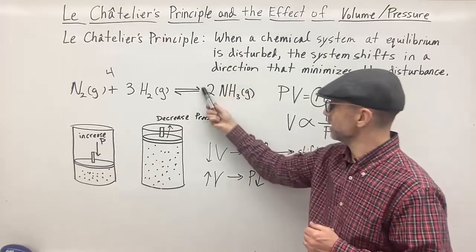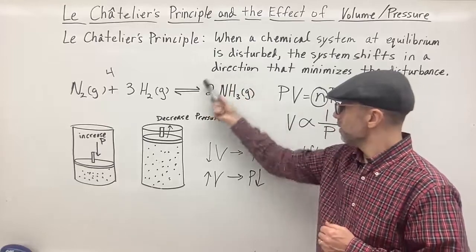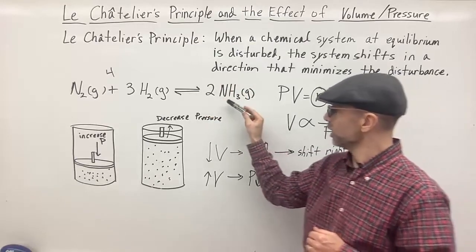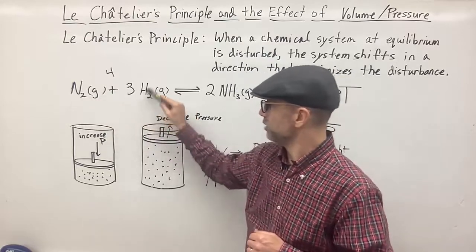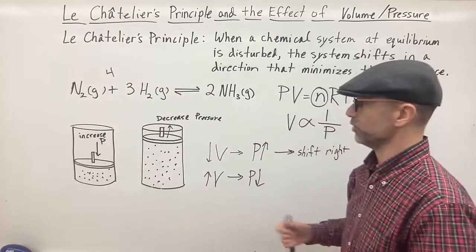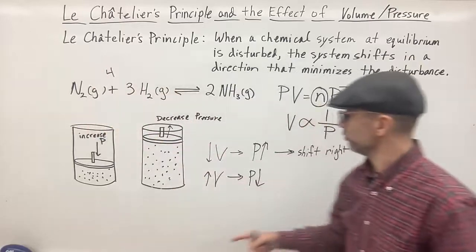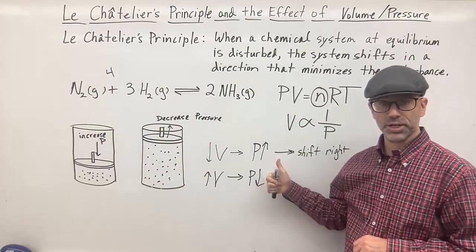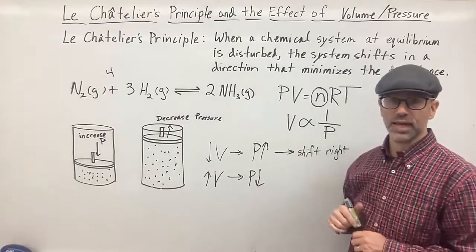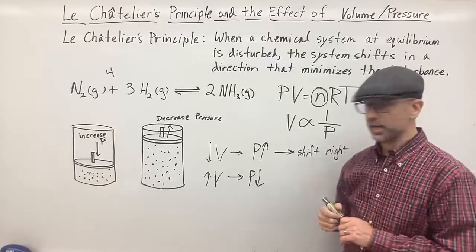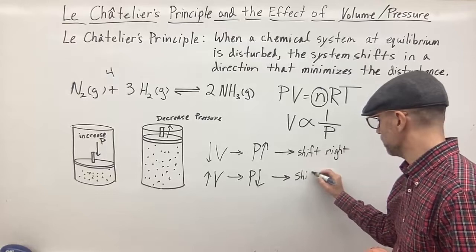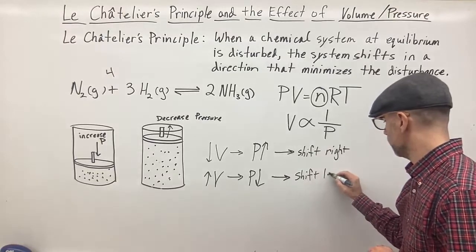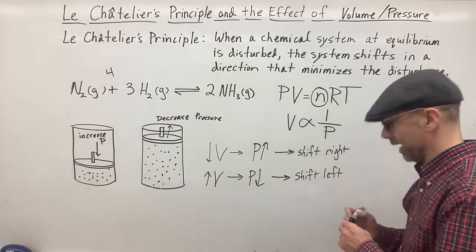And so you're going to take two of these molecules of ammonia and you're going to break them down back into nitrogen and hydrogen. And so that's going to increase the number of particles and therefore increase pressure back up until you can get that equilibrium again. And so in this case, you would shift towards the left, towards the reactants.